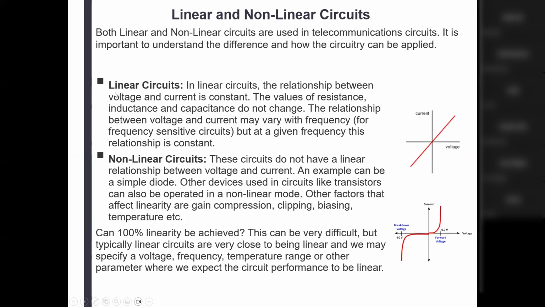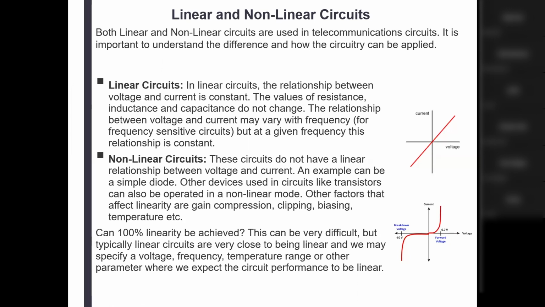Important, I think, is that in a linear circuit, the relationship between current and voltage can be established as a straight line. One increases, the other increases. They are proportional. The relationship between current and voltage could be funny in nonlinear circuits. It changes depending on different things.